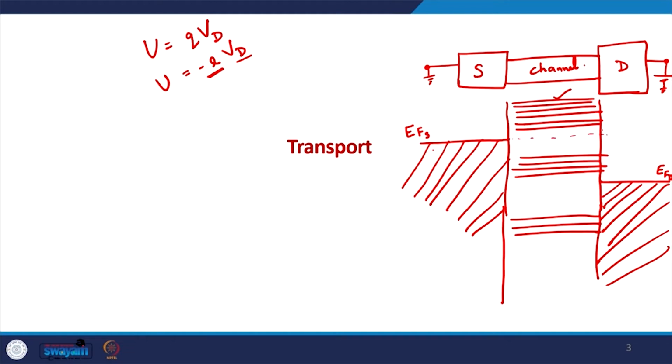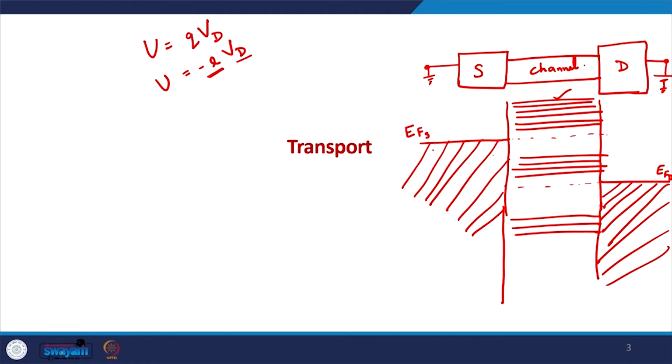It will try to bring the channel in equilibrium with itself, and the drain Fermi level will try to fill all the electronic levels up to the drain Fermi level, and make sure that all the states above the drain Fermi level are empty. It will try to drain electrons out of those states.